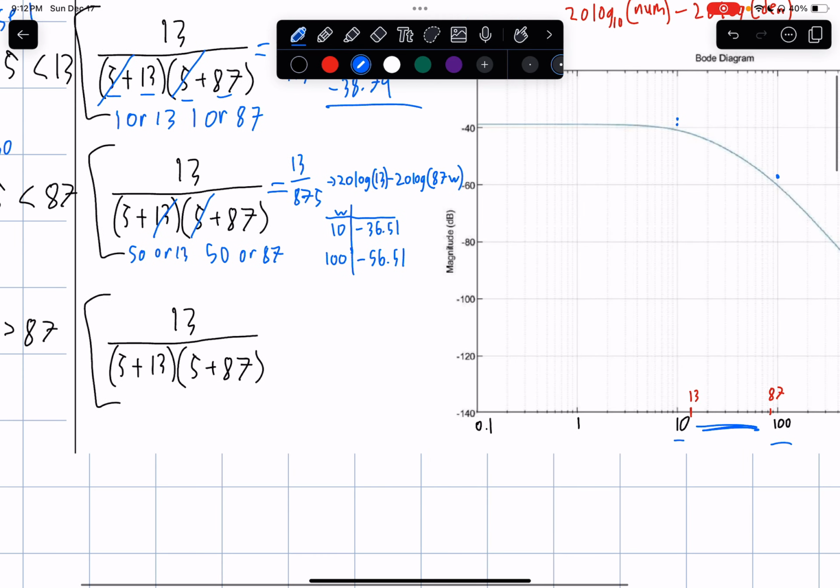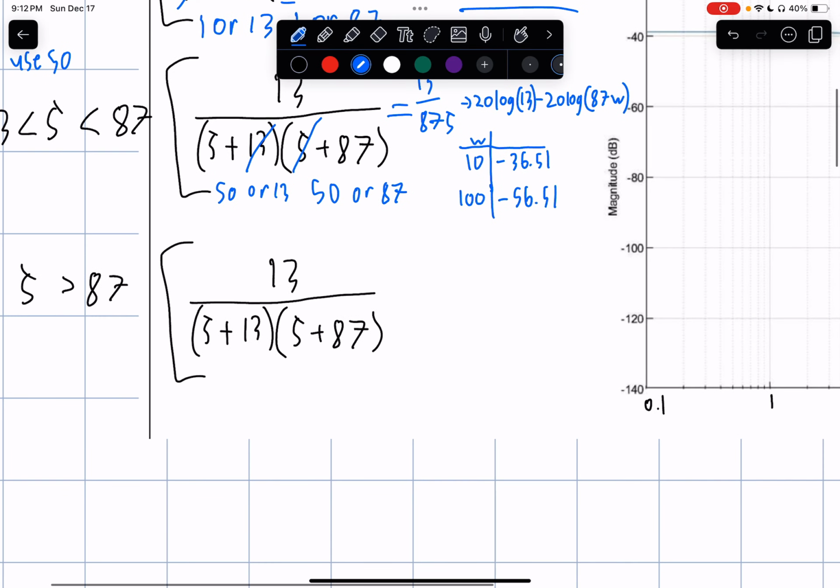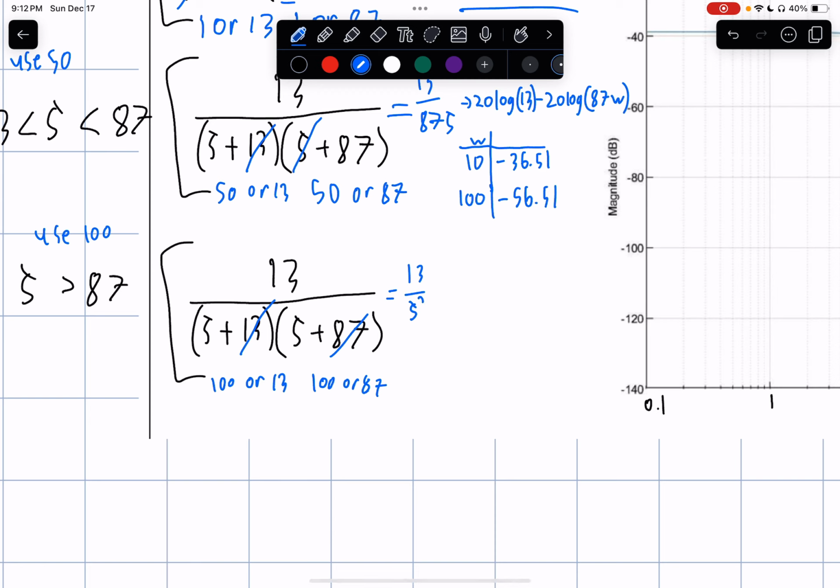Okay, and we'll do the same thing for the last one here. This time it's greater than 87, so I'll use 100, because that's easy. And it's 100 over 13, in this case, and 100 over 87. And so what we'll get is 13 over s squared.